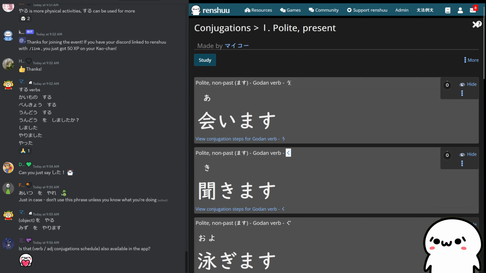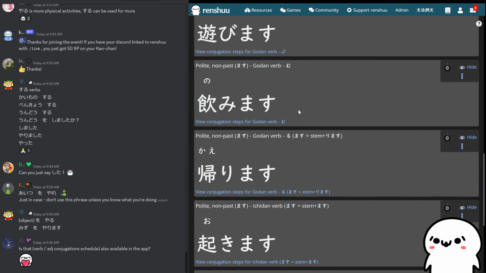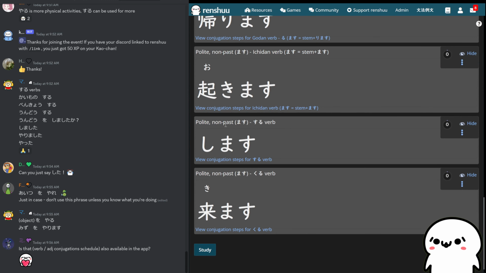Whereas if you're really good at the u versions, those will come up less. So it's not a mastery level for the entire conjugation, the tense. It's for each different type of verb. So you might say, I know this one fine, but I have trouble with the suru and the kuru ones. Well, they'll come up more often. So I hope it helps.